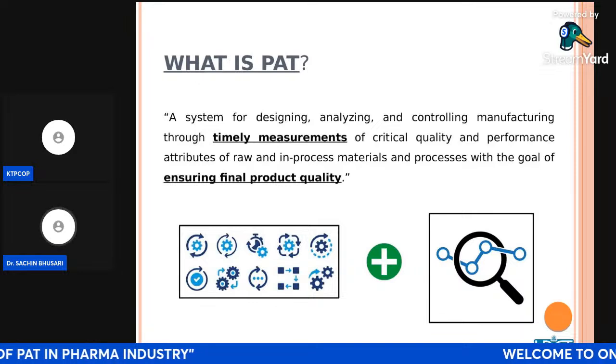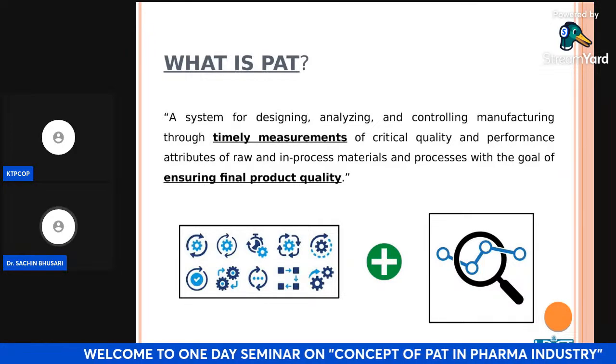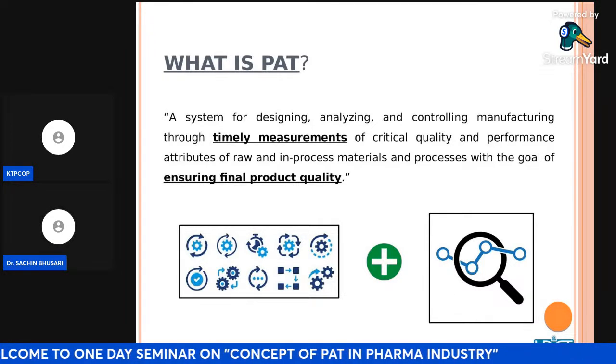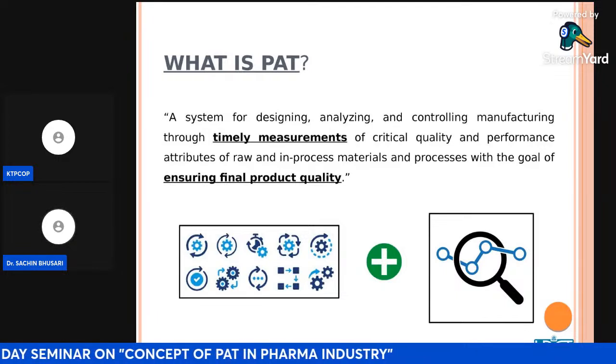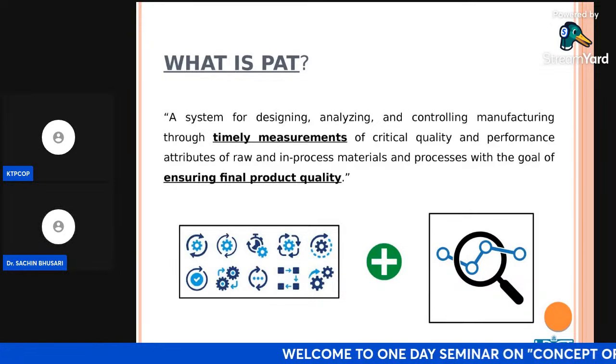It's a real-time measurement just for ensuring the final quality of the product. So PAT is the best tool for this timely measurement and ensuring final product quality. This is the classical definition which has been given by the US FDA.